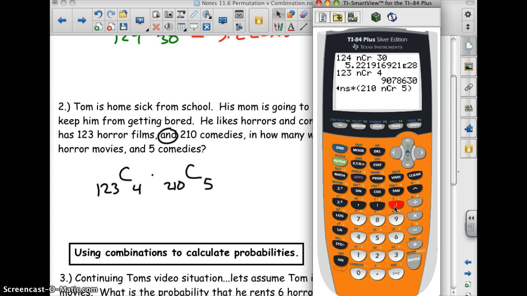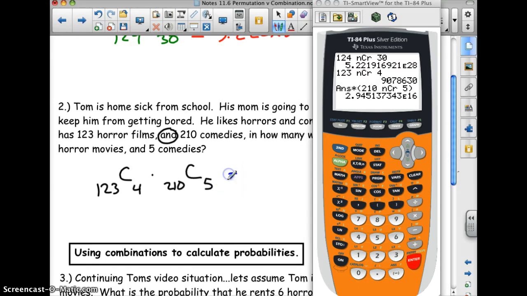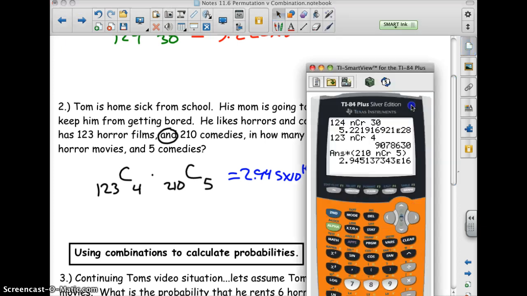I put that in parentheses because I wanted to make sure that I did the combination before I multiplied. I just wasn't exactly sure. So 2.945 times 10 to the 16th. So a lot of possibilities for that one as well.